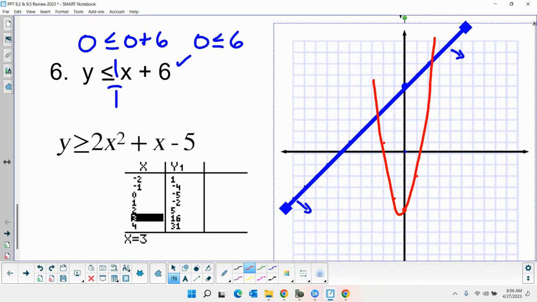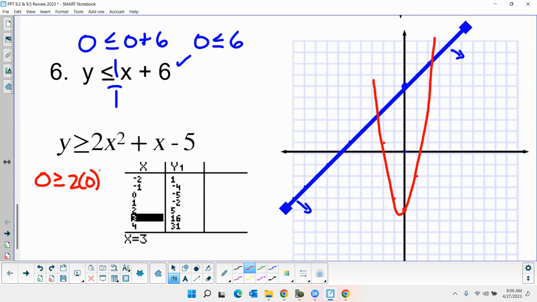Okay. When I put 0 in, -5, sorry. That's all 0 to -5. Is 0 greater than or equal to -5? Yes.